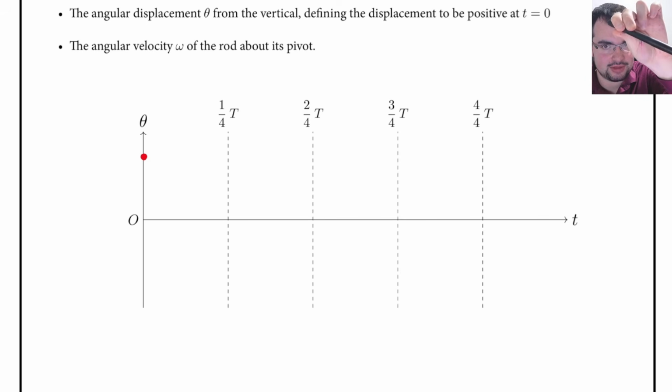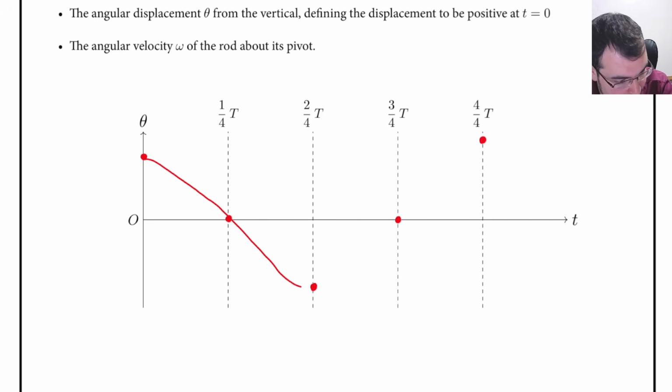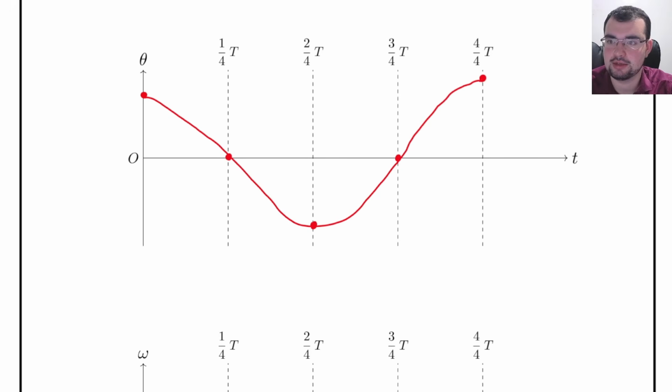Then a quarter cycle later, it's going to reach its maximum value, but in the other direction. Then it will swing back in the middle, and then it reaches its initial position once again. And we know that this will be sinusoidal. All right, that's actually not terrible.